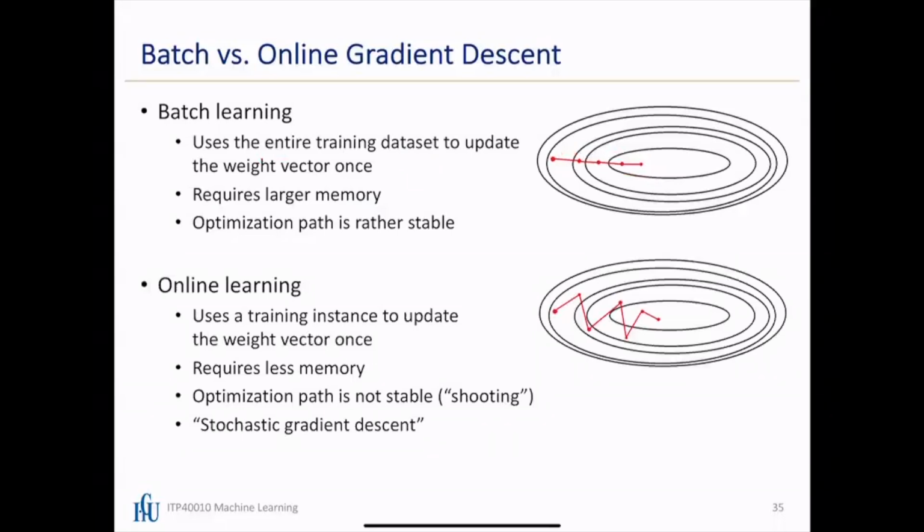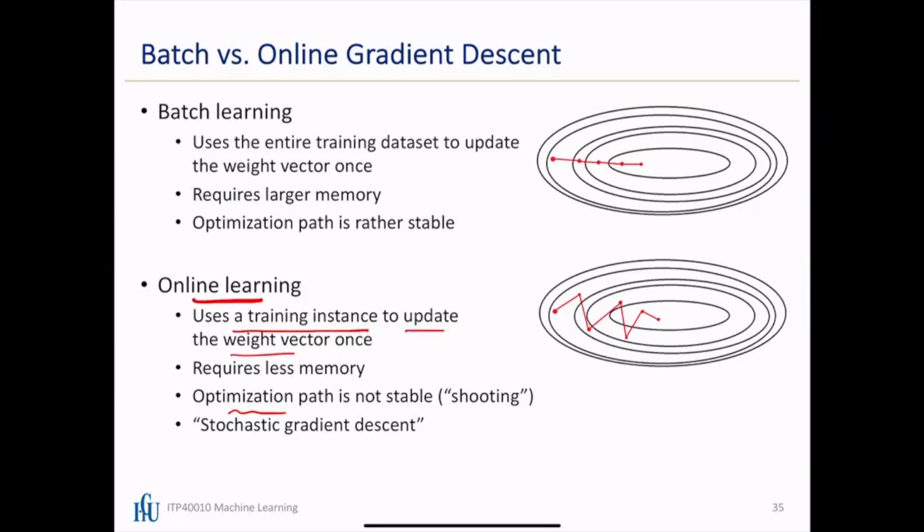Thinking about online learning, you're going to look at each data point one by one. One data point looks like this way, another data point looks very different from it, and so on. So you may expect some kind of fluctuation during the optimization. Again, the idea of online learning is to look at each data instance one by one to update the weight vector.